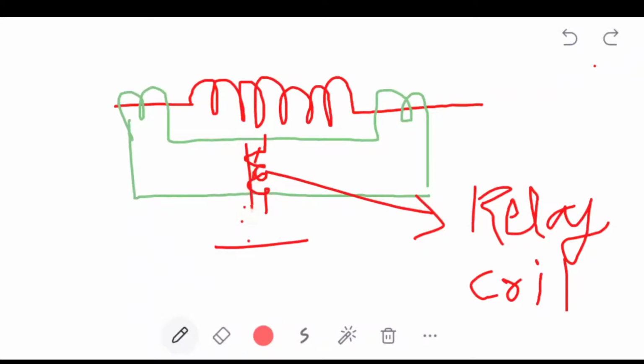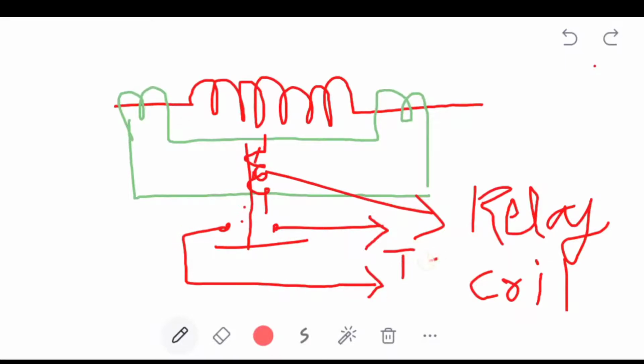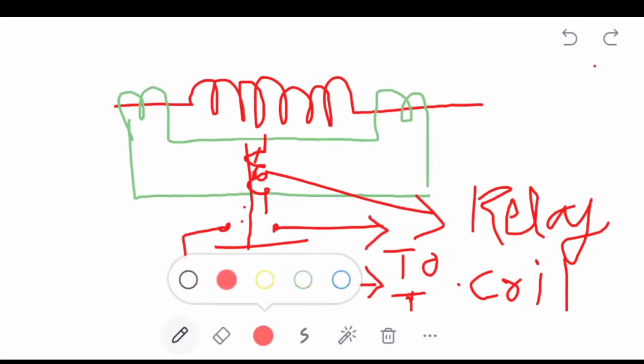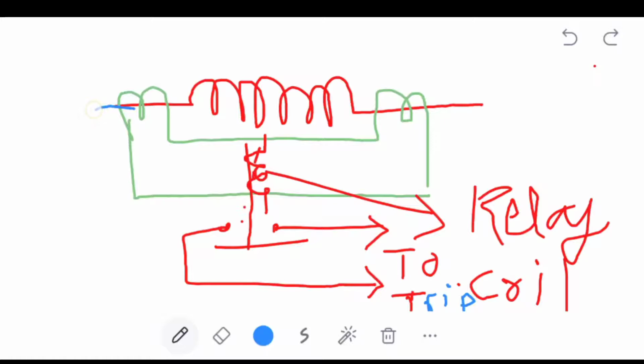The plunger moves inside the relay coil and closes the contacts of the circuit breaker. These are the trip circuit of the circuit breaker, and it will be connected.